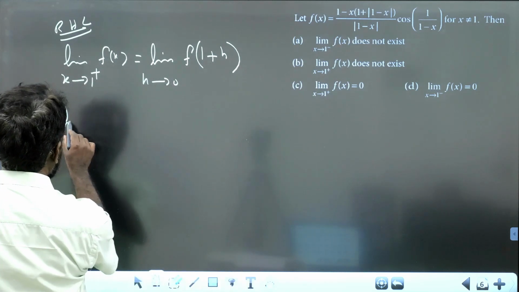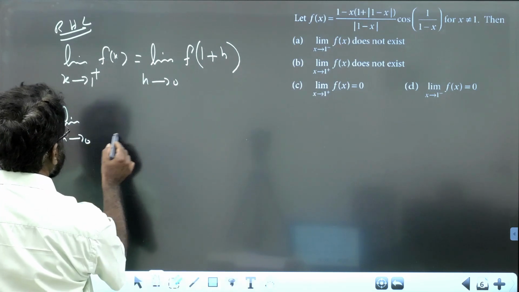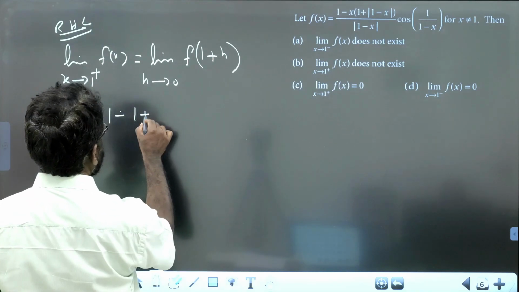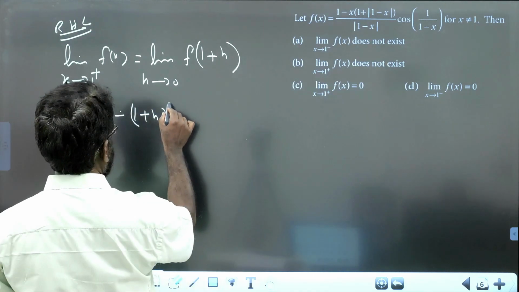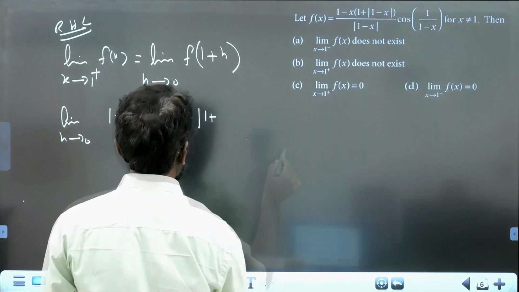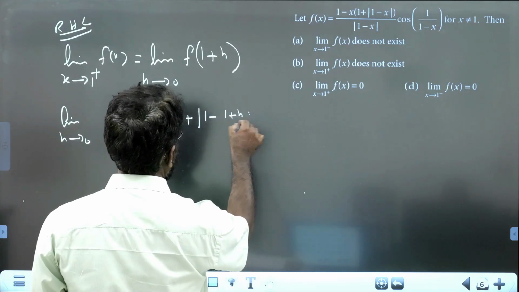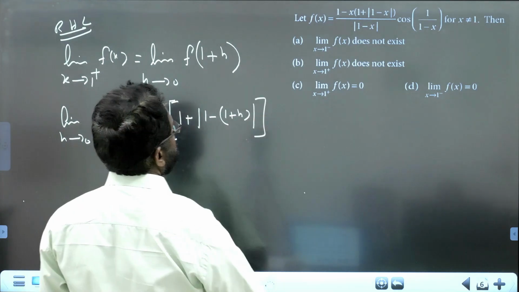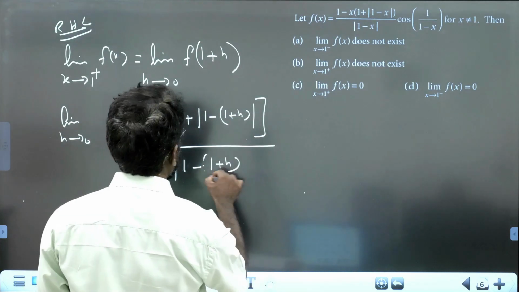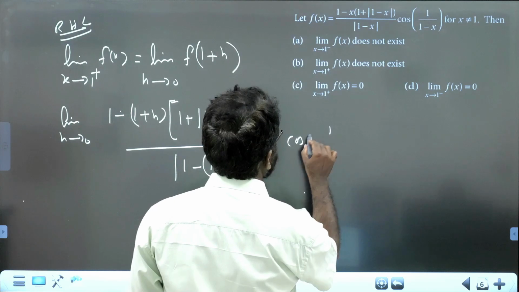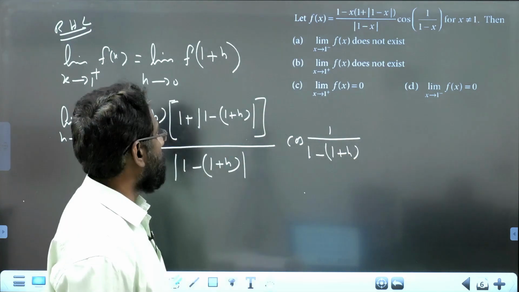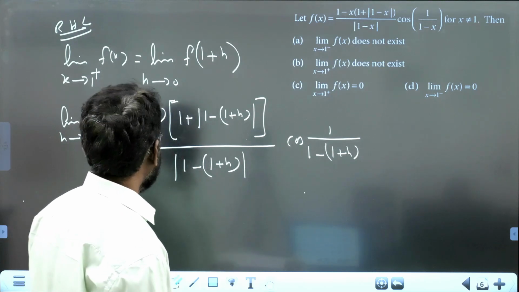That is limit h tends to 0 of (1 minus (1 plus h)) into (1 plus modulus of 1 minus (1 plus h)), divided by modulus of 1 minus (1 plus h), into cos of 1 by (1 minus (1 plus h)).